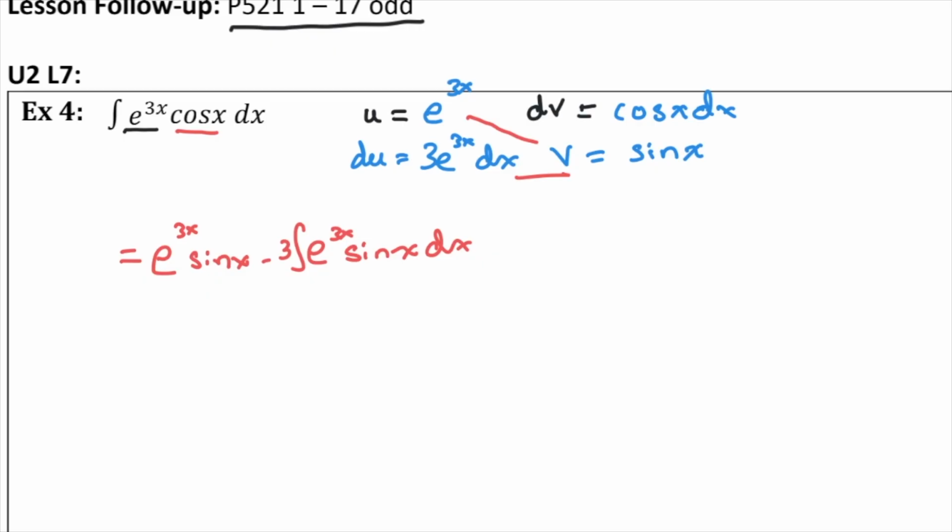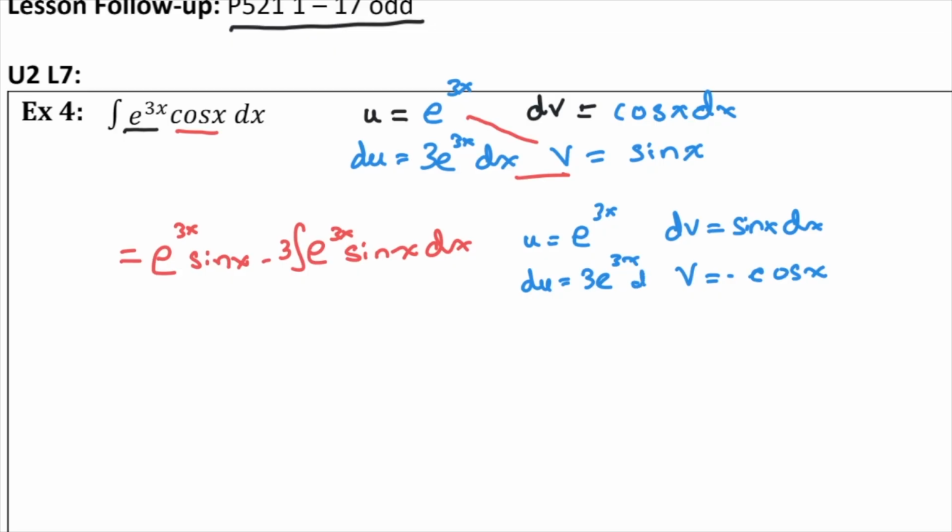All right, so as you look at your problem again, notice we have an e to the 3x sine x. Again, we didn't make the problem easier, but we also didn't make it more difficult. So again, I'm going to let u equal e to the 3x, which leaves me with dv is equal to the sine of x dx. Okay, so du will be 3e to the 3x, and v is the antiderivative of the sine, which is going to be the cosine of x with a negative.